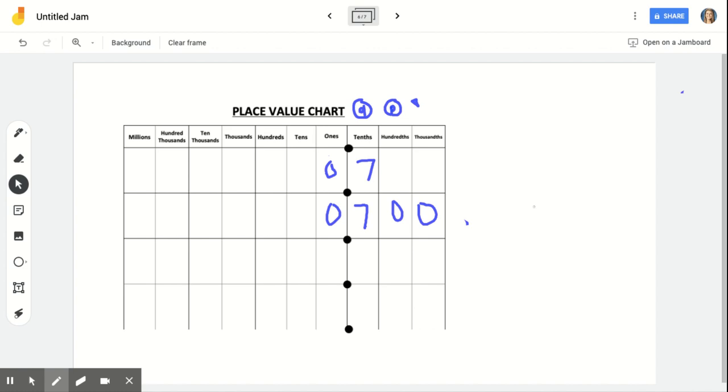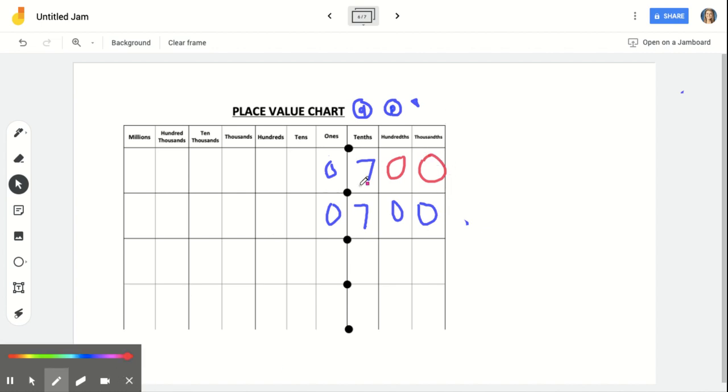Often when I see that two numbers have place values that end differently, so this one stops at tenths and this one stops at thousandths, I add in zeros just for my own visualization, so that they all end in the same place value. If I add in the two zeros, I didn't change anything about the value of the number.